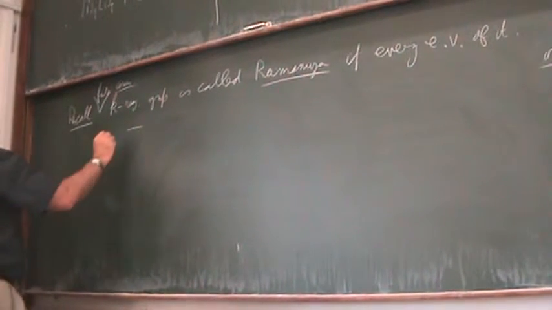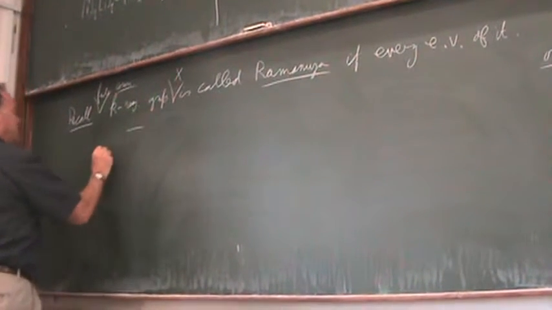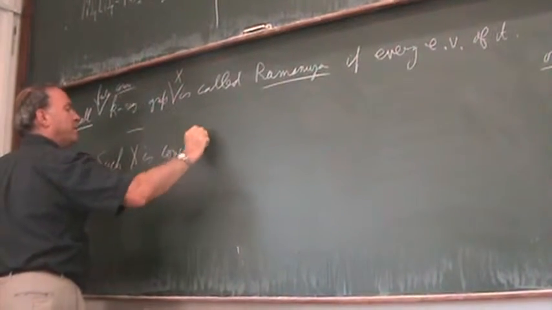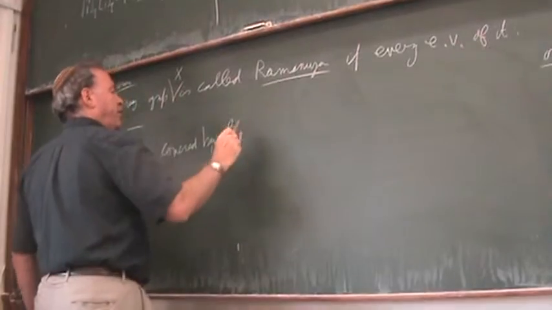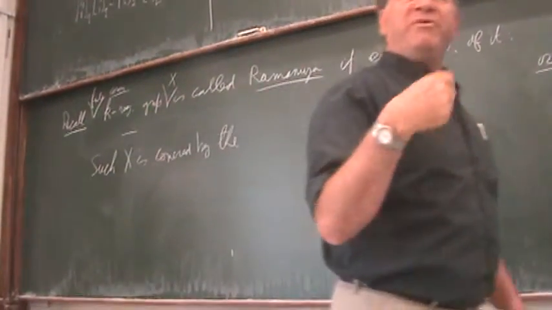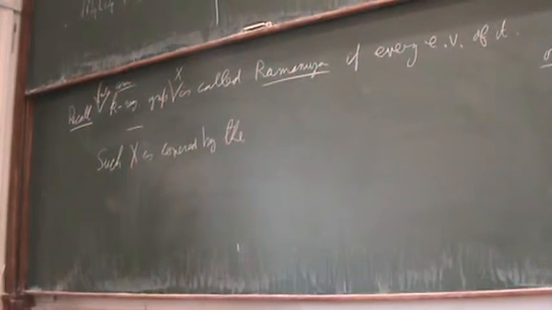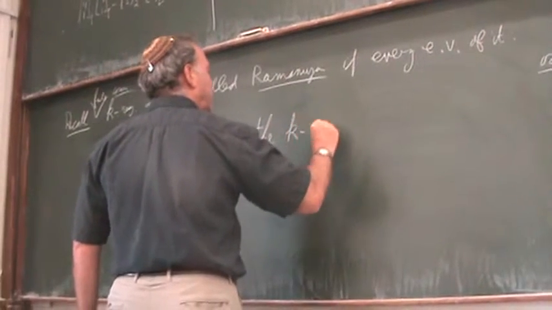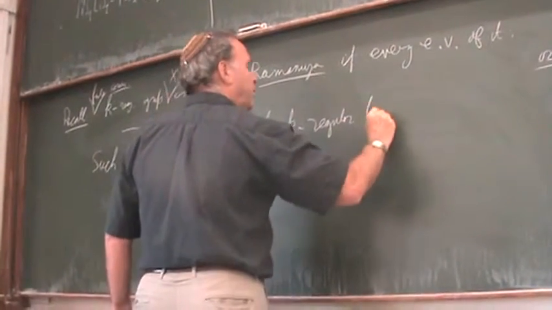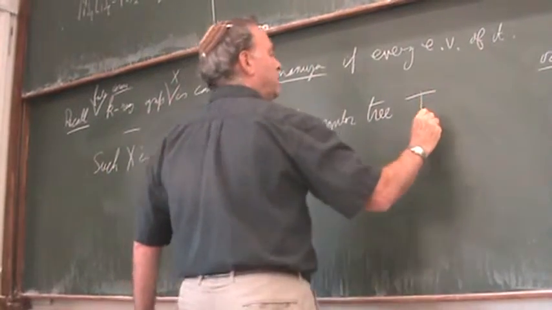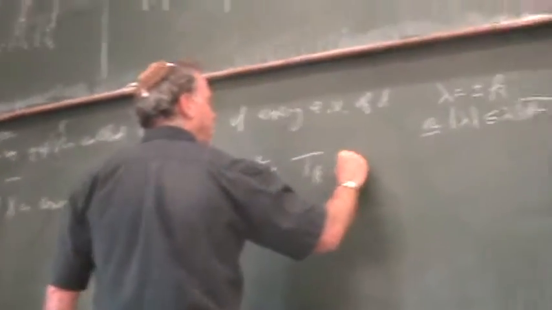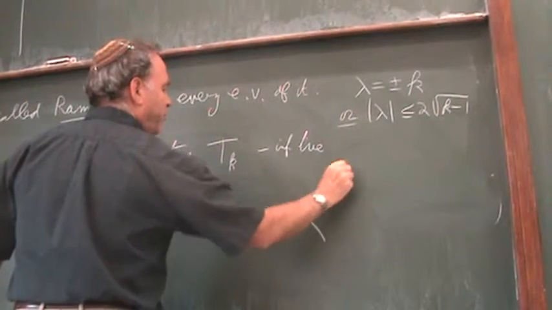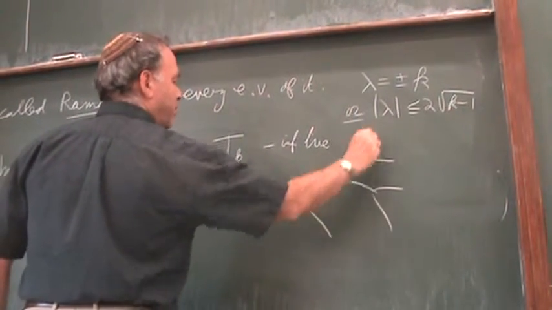So such an x, let's call it x, is covered, in the sense of algebraic topology, the universal covering of x is the k-regular tree T_k, which is an infinite tree such that the degree of every vertex is exactly k.